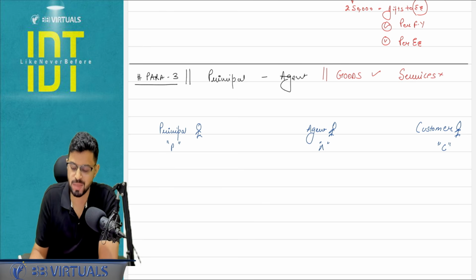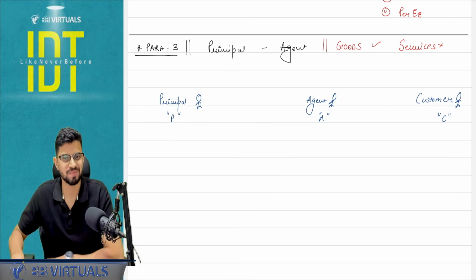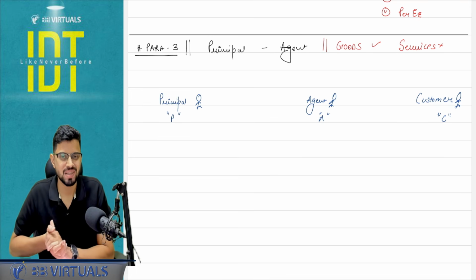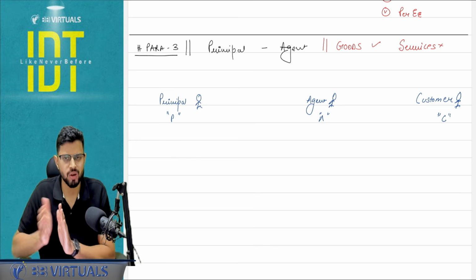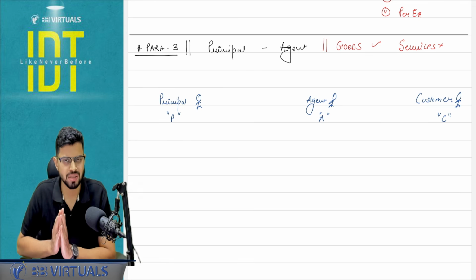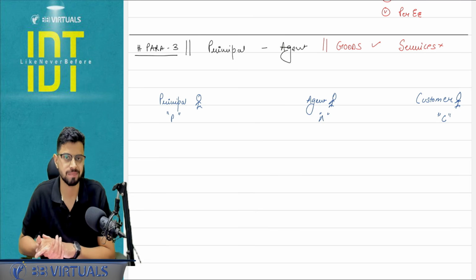Sir, why not services? Because services are of intangible nature. Let's talk about it later. First, let's understand the concept. You will automatically understand why this para is not applicable for services.